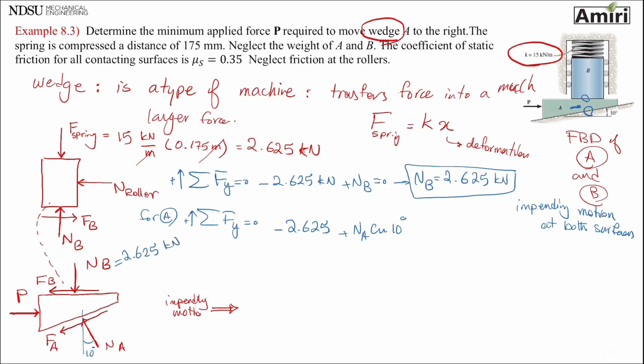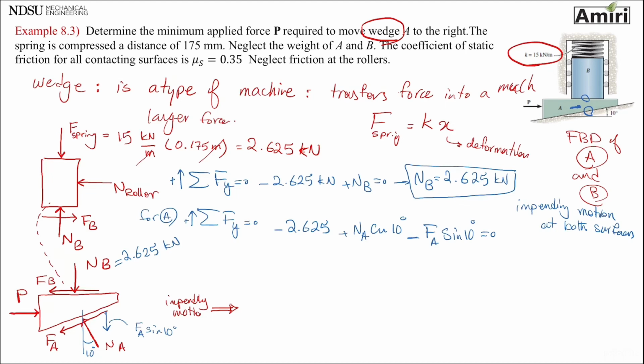And don't forget, this friction force is also going to have a vertical component. FA, that is going to be sine 10. Minus FA sine 10. All right.